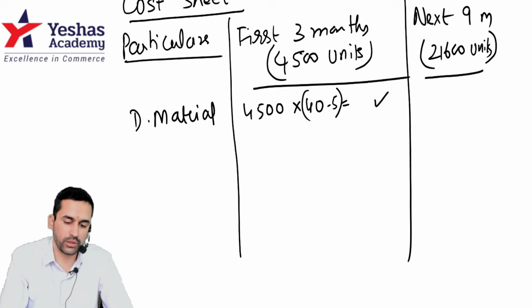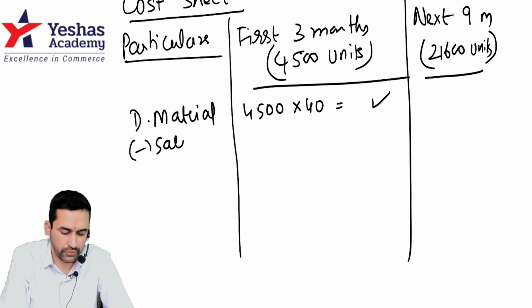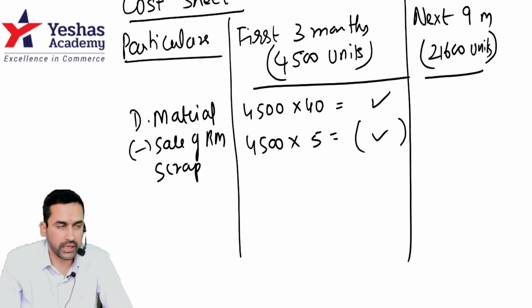If you're not comfortable, you write it separately. No problem, but it makes no impact. This minus sale of RM scrap will be 500. This will be a negative number. Correct? Guys, if you understand the first 3 months, then we can do the next 9 months.